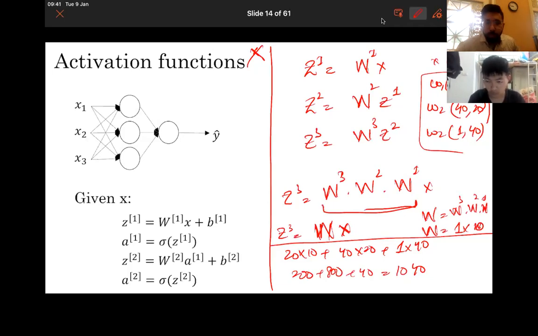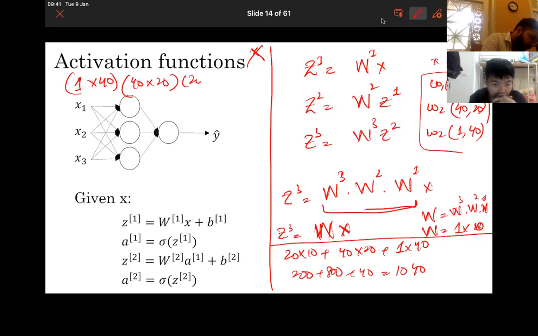As a general rule, if you want to find the size of matrix products, you just write it like this. W3 is 1 times 40, W2 is 40 times 20, and W1 is 20 times 10. The inner things would cancel, and the output size would be 1 times 10.